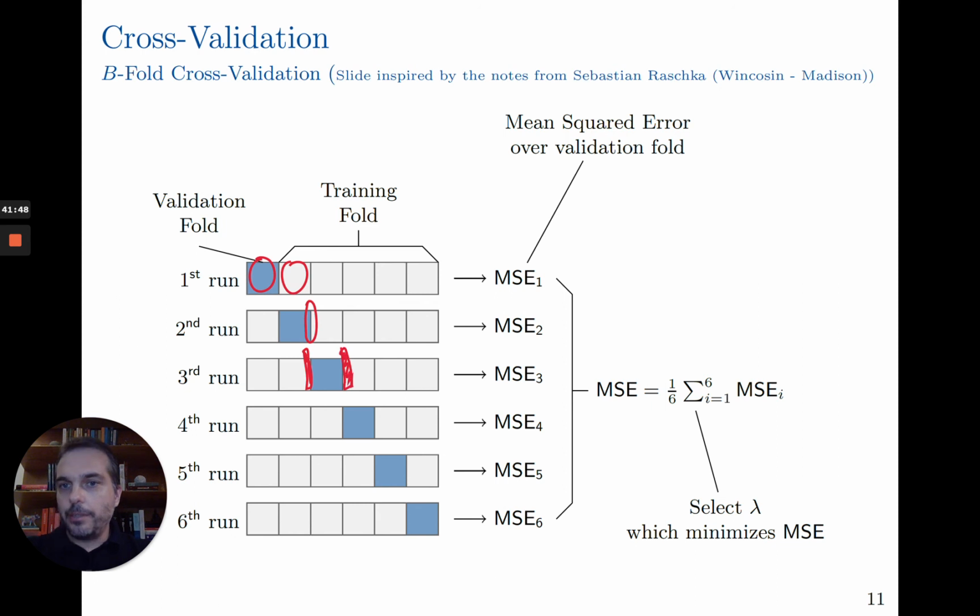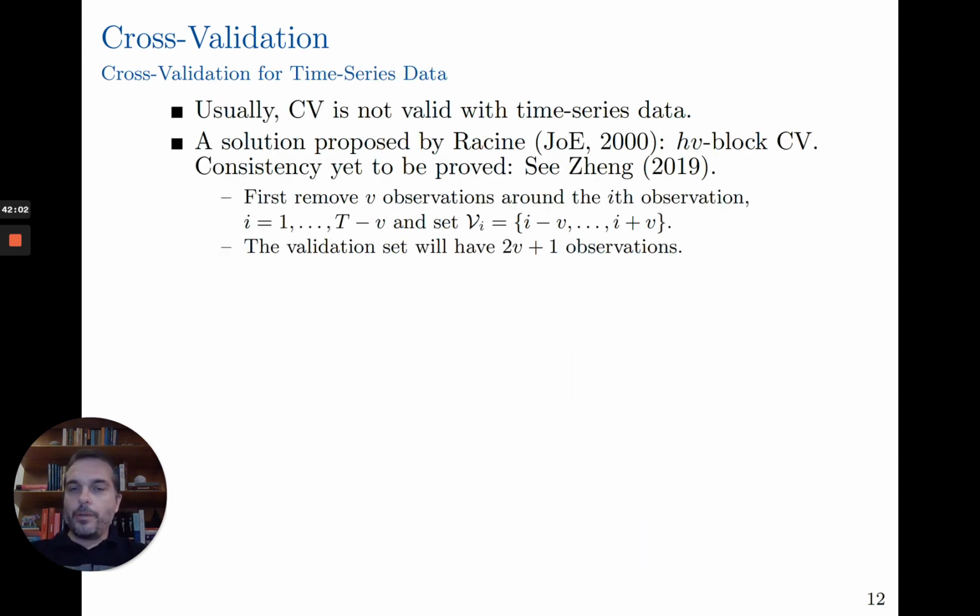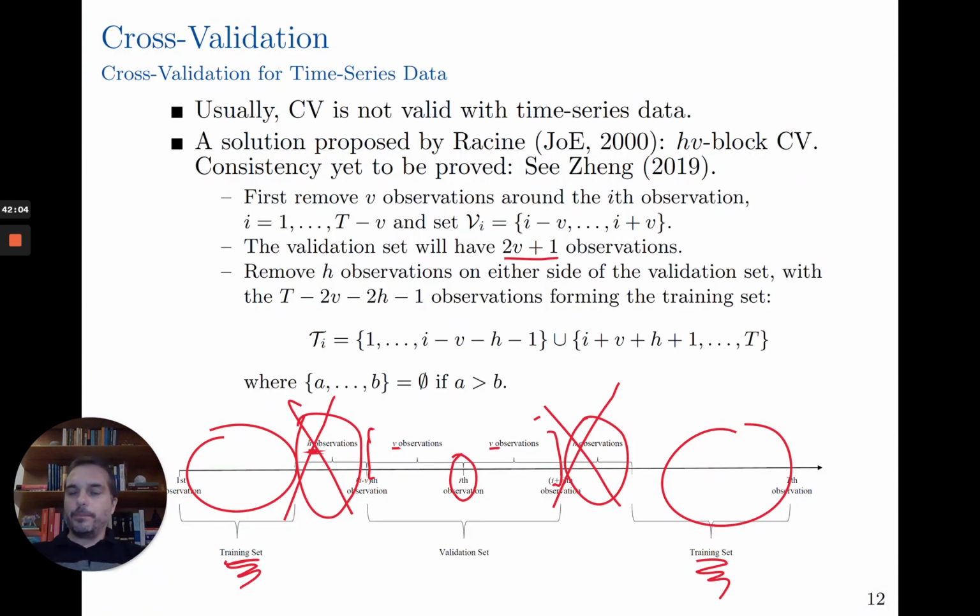Take it out here. So this part here we are going to throw in the bin. We are going to estimate the models here. And we are going to validate here. And we are going to do this over the sample. This is the HV block cross-validation.